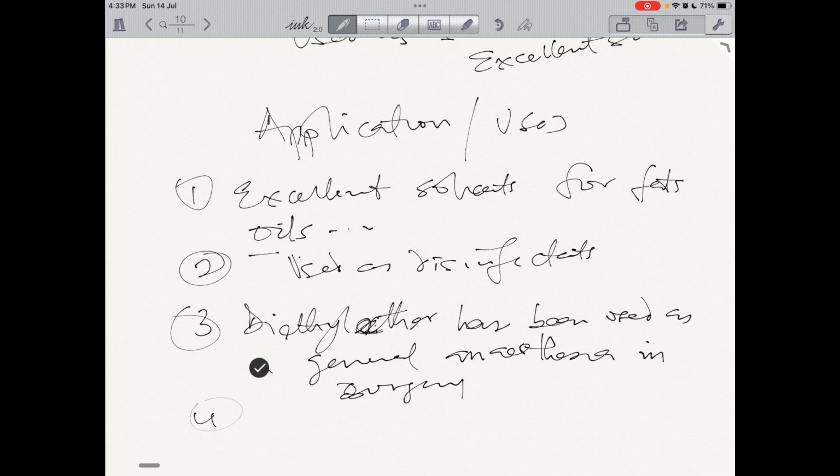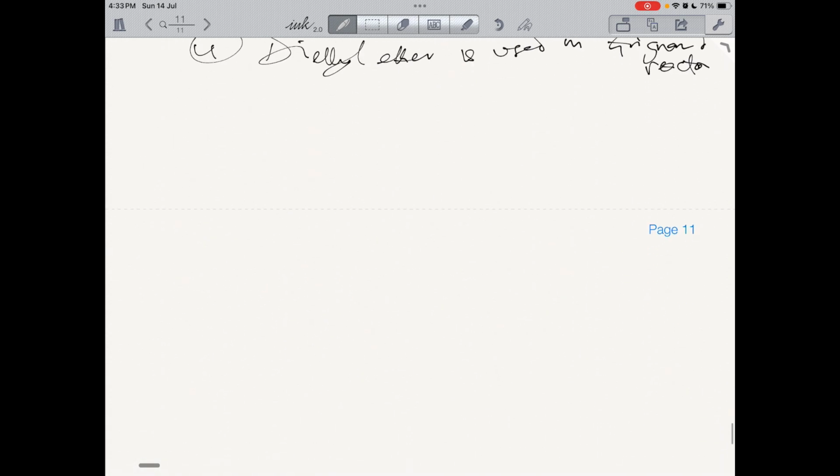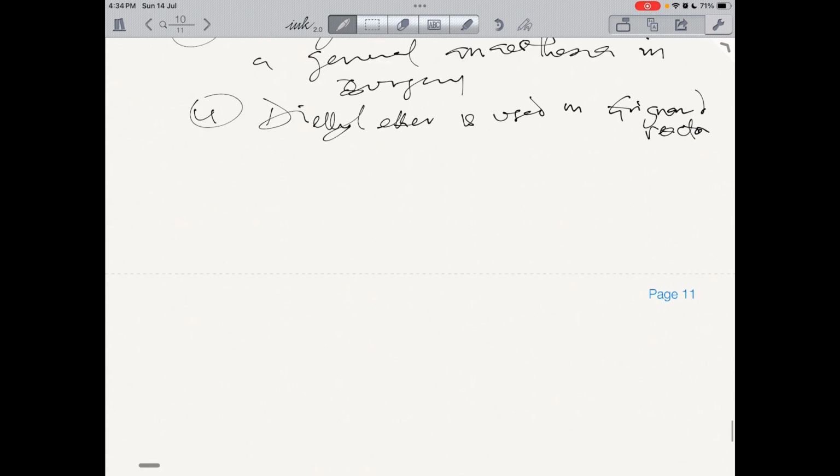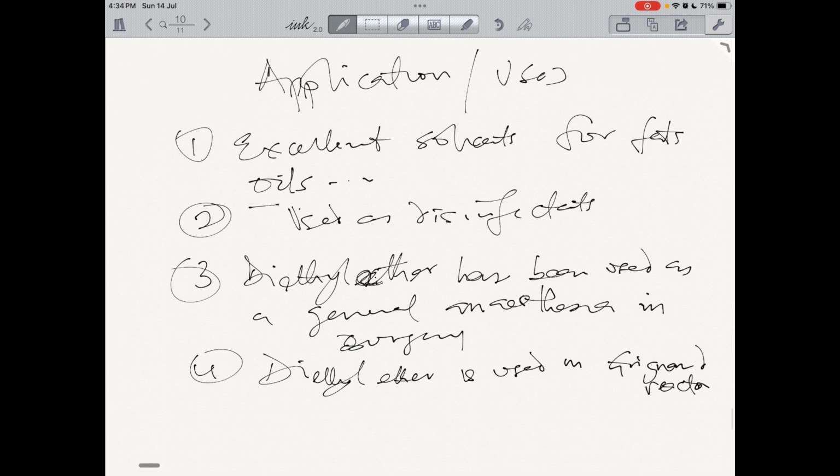It is also used in the Grignard reaction. At this point, I would like to stop and expect you to broaden your reading as you prepare for tests, exams, and things like that.